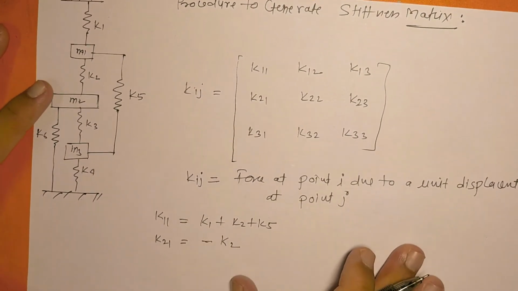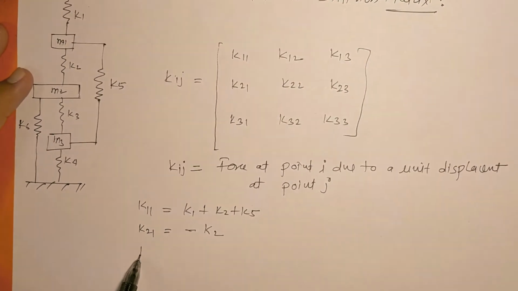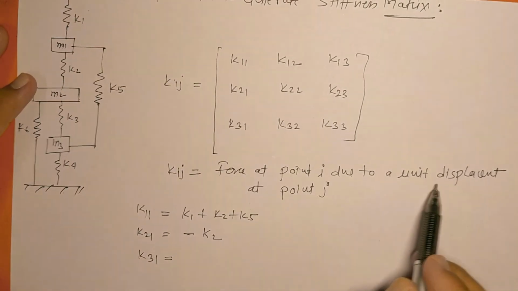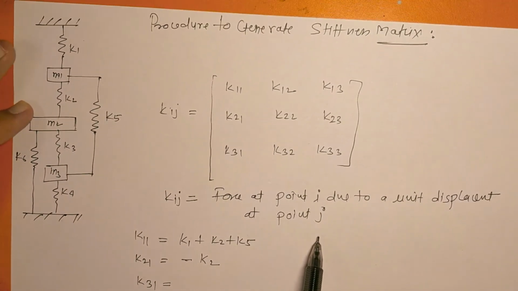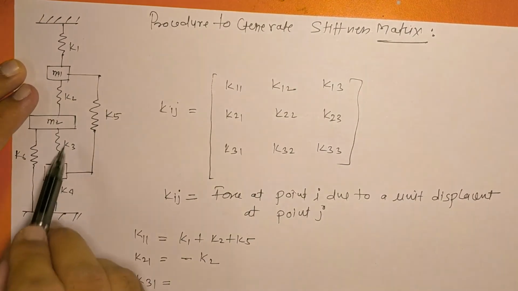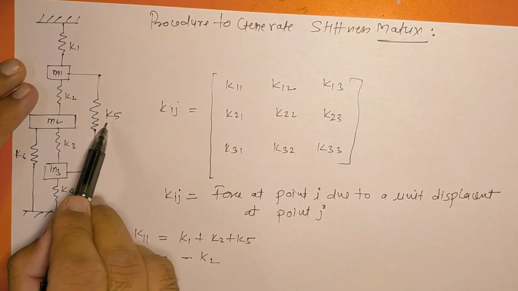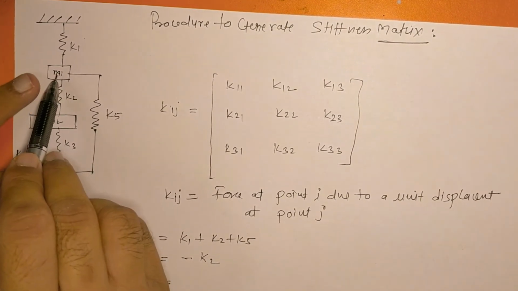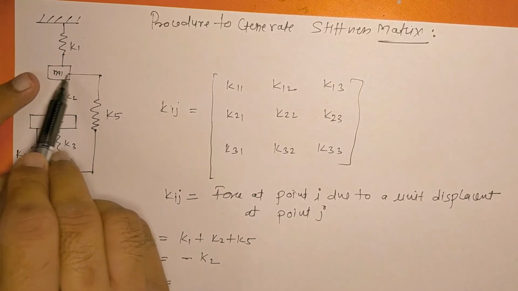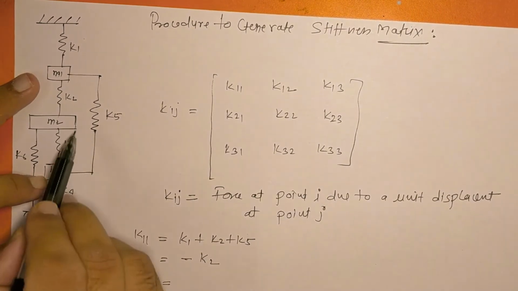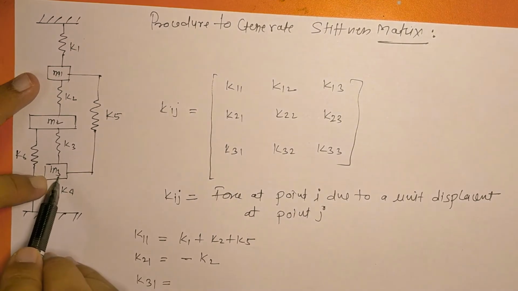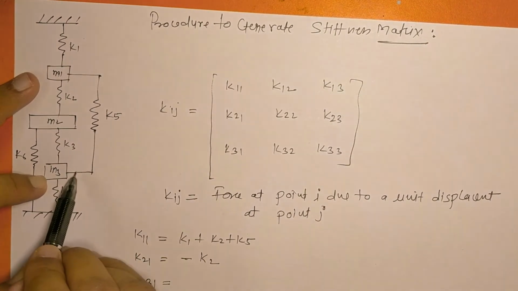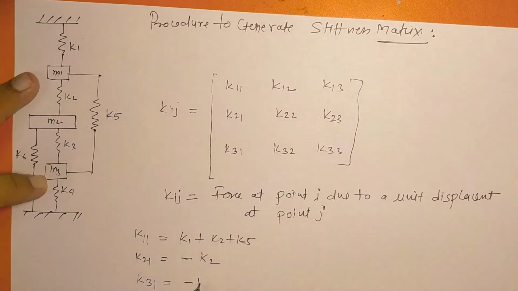And similarly, K31 means force at point 3 due to unit displacement at point 1. Points 1 and 3 are connected with the help of spring K5. If we give unit displacement to m1 and the others are fixed, this will exert a force on m3 of K5 multiplied by 1 in this direction. So this becomes minus K5.